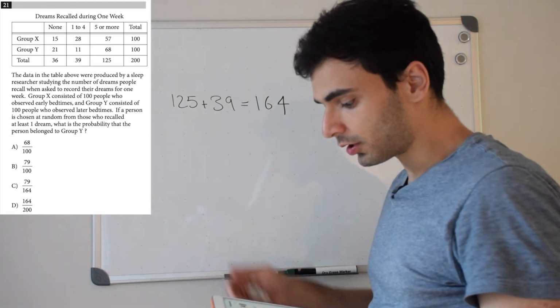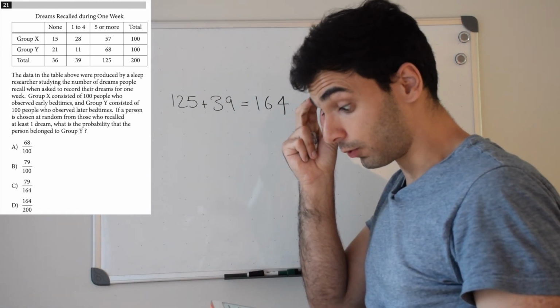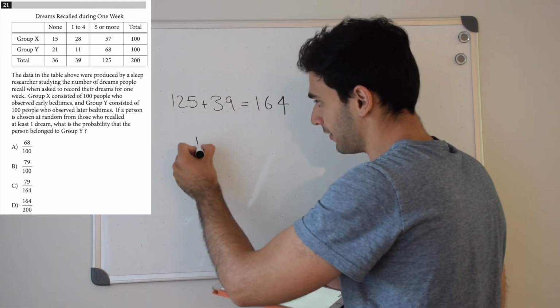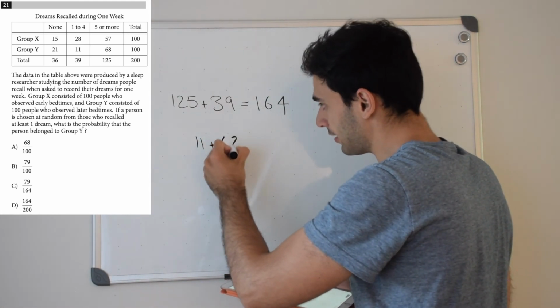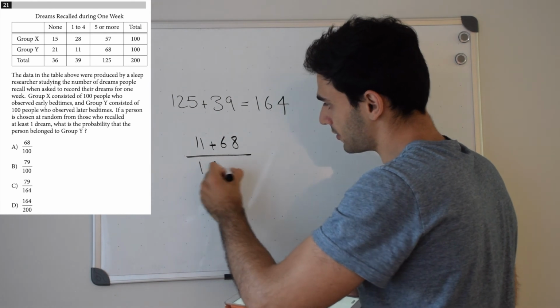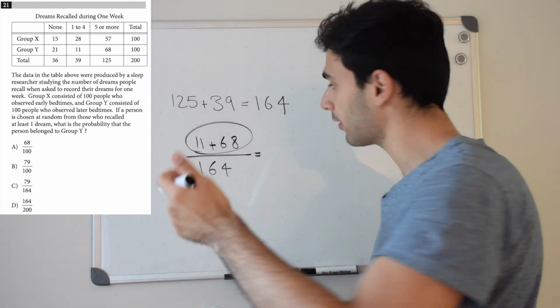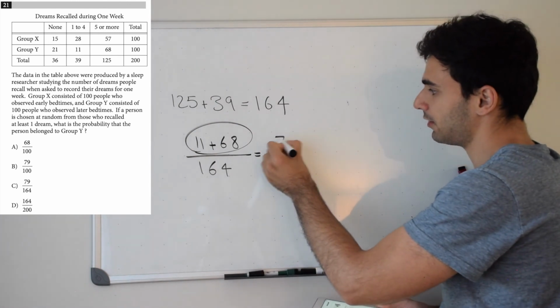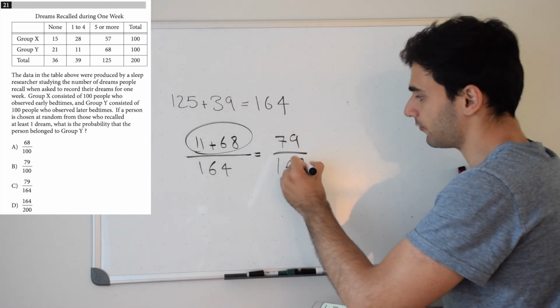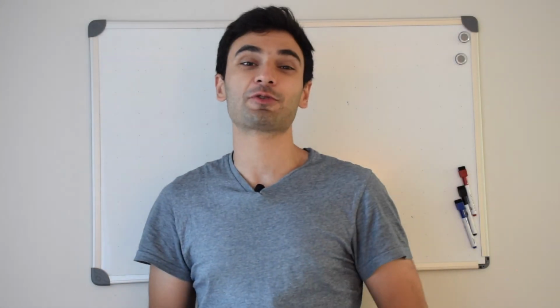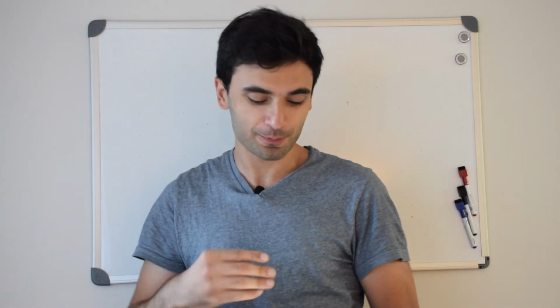And what are the chances that I pick from group Y? The chances is 11 plus 68 over 164, because these are the numbers for group Y. So it's going to be 79 over 164. The answer is C.